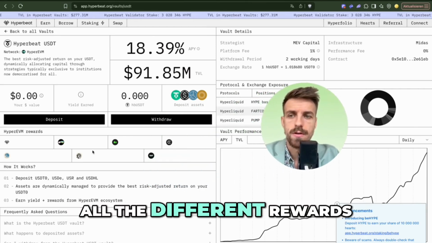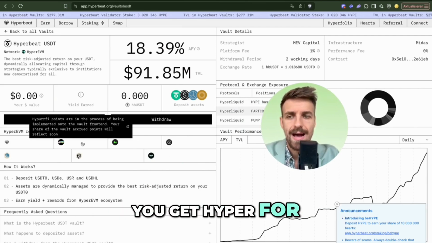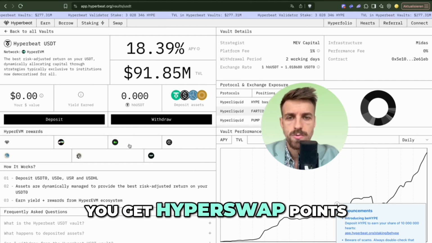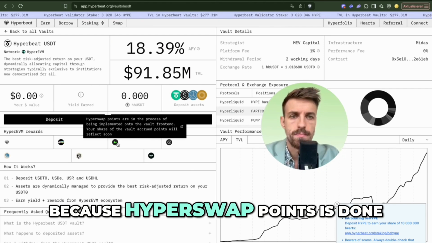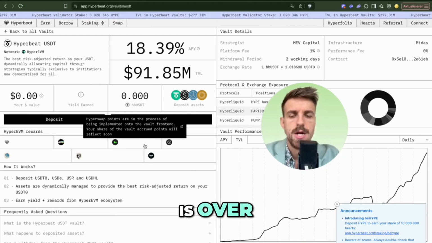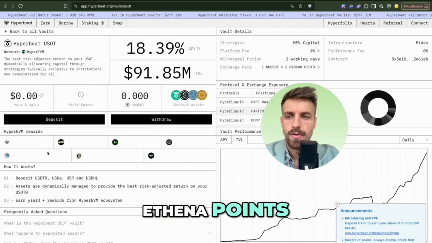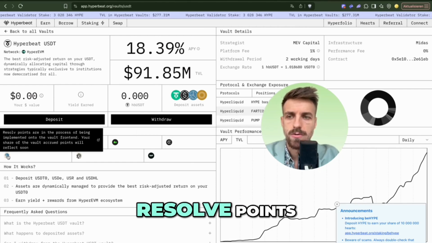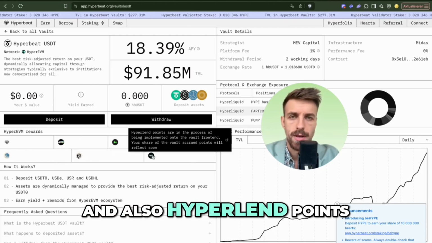You can see here all the different rewards you get. You get the HyperBeat hearts, you get HyperFi points, you get HyperSwap points, or at least you used to, because HyperSwap points is done, is over. You also get some Athena points. You can see Resolve points, Felix points, and also Hyperland points.